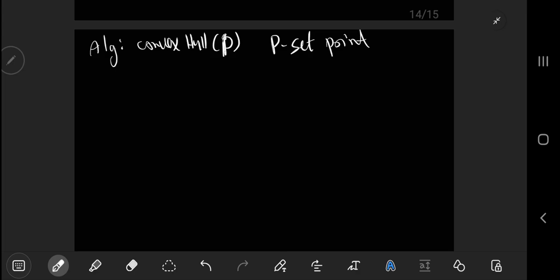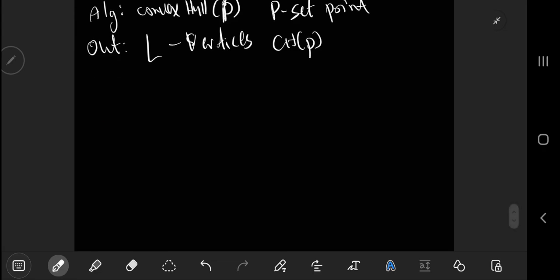This is the input, and the output is L, which will be a list of vertices of the convex hull of our set of points P. So let's start with the algorithm. The first step we're going to do is to sort by x-axis, and we will get P1 until Pn, as we did before.